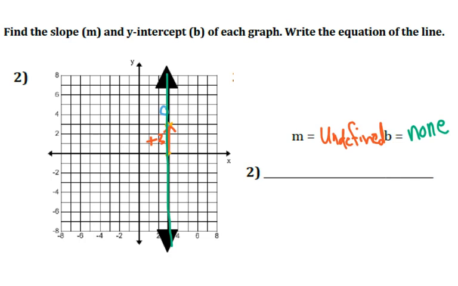Well, we do know that it crosses the x-axis. So we're going to use that to help us. So we're going to say that x is equal to 3, because it crosses the x-axis at 3. And it's always at 3 for x, because it's a vertical line.